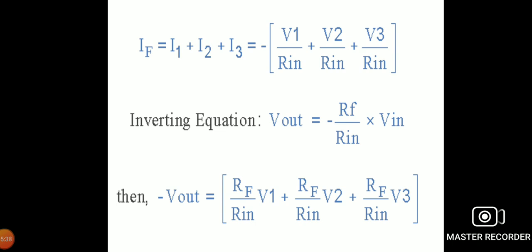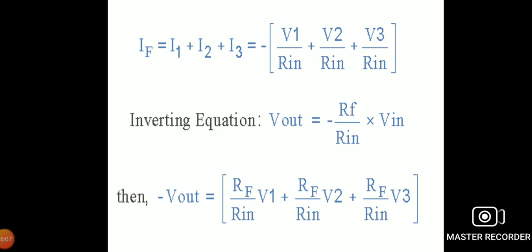So the feedback current is equal to minus of V1 divided by input resistance, V2 divided by input resistance plus V3 divided by input resistance. The inverting equation is V out equal to minus of feedback resistor divided by input resistance into input voltage.